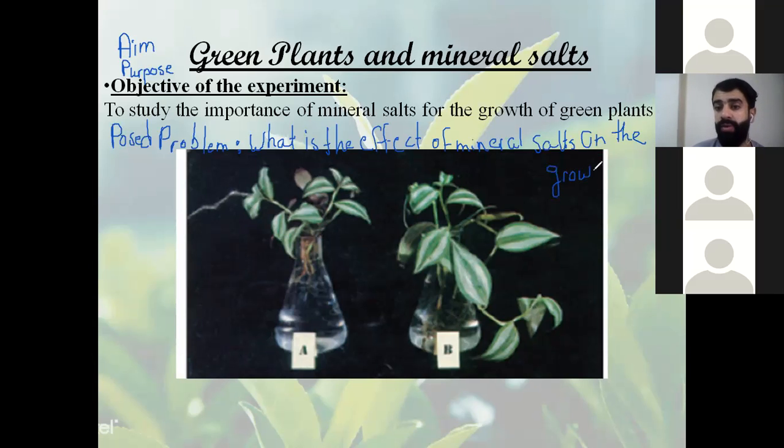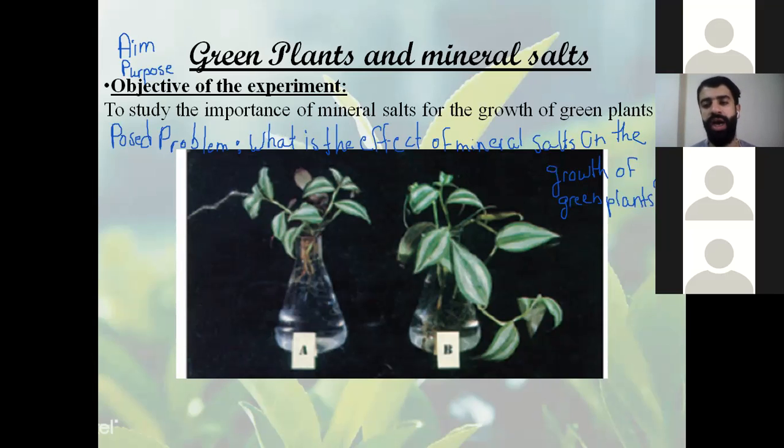Another one will say, on the growth of green plants, it's 100% correct. But someone is going to say, I want to use the aim and convert it in the form of question. I want to say, what is the importance of mineral salts for the growth of green plants? Both of them are correct.